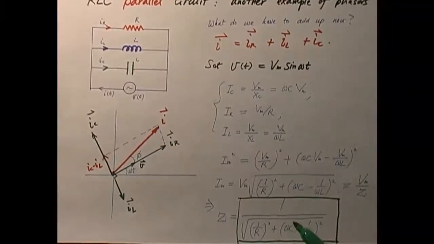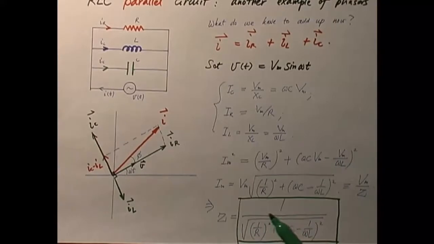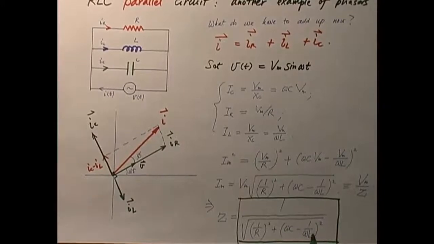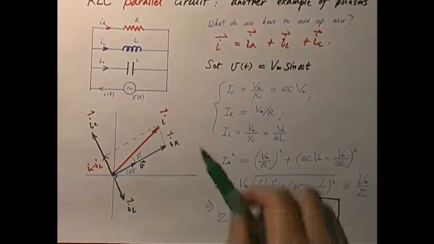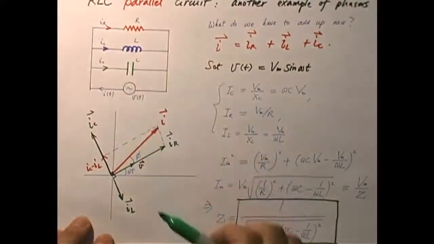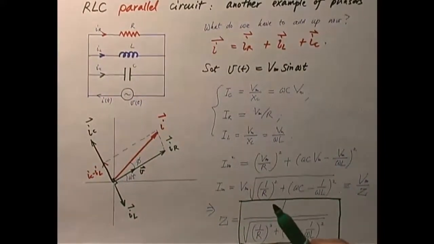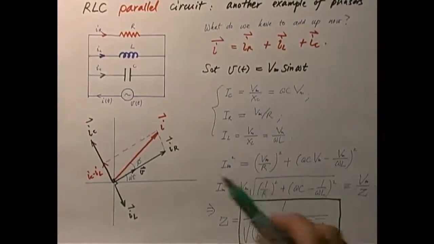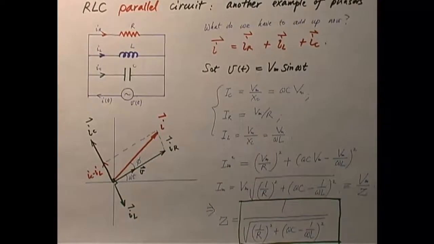Now you flip that over, you get 1 over Z. It is reciprocal, but I have to do some sort of a square root addition, and that is again because of the phase difference. The currents IR, IL, and IC do not have the same phase. They do not reach maximum and minimum simultaneously. This is what makes the phasor diagram particularly useful.